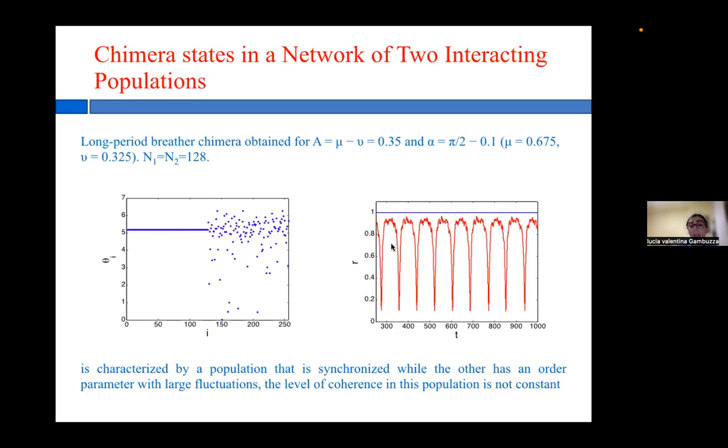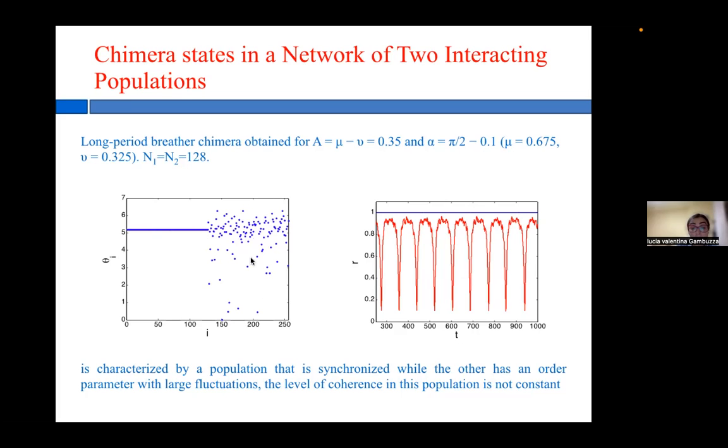Here, along with the long period breather chimera, I have also reported a snapshot of the phase of each unit at one time of the simulation, and you can clearly see from the first picture on the left that the first 128 units are completely synchronized, so they have the same phase, represented by these blue dots with the same values.